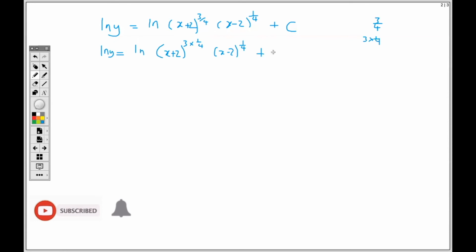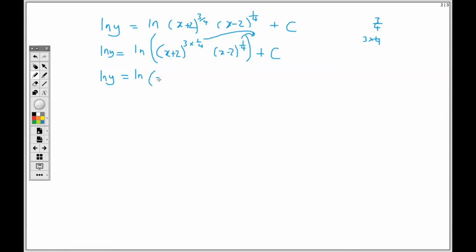Now, the quarter that I have here, which is my main focus, I can factor out the quarter. That's mathematically correct, where I can have x plus 2 raised to the power 3 times a quarter. The quarters I'm going to carry outwards.